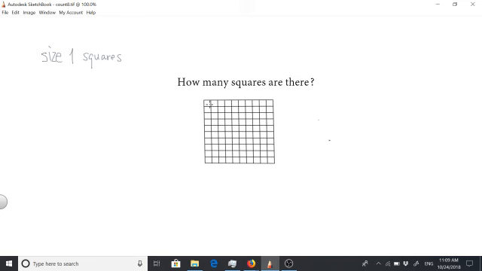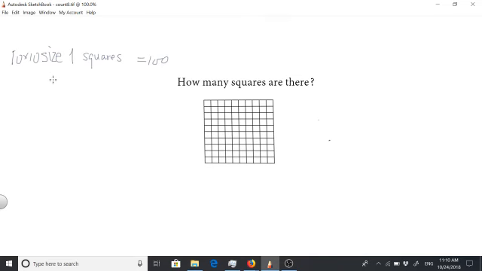Well, in this case, we can look at the picture and say, okay, this is 1, 2, 3, 4, 5, 6, 7, 8, 9, 10 for each row. And how many rows are there? 1, 2, 3, 4, 5, 6, 7, 8, 9, 10. And it is indeed a 10 by 10 square. So we have 10 by 10 size 1 squares, which means it's 100.